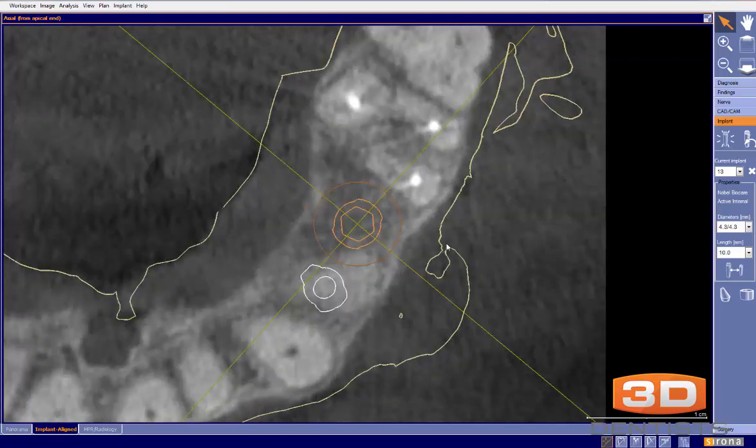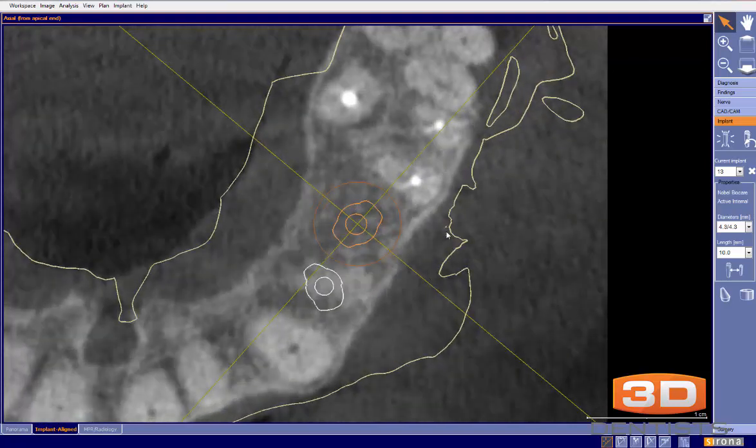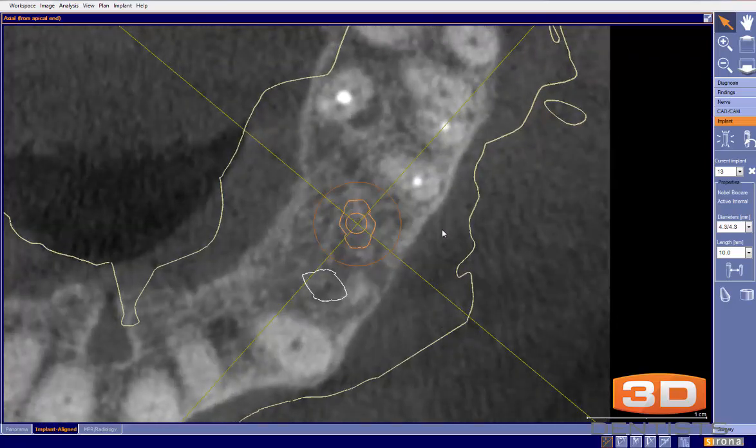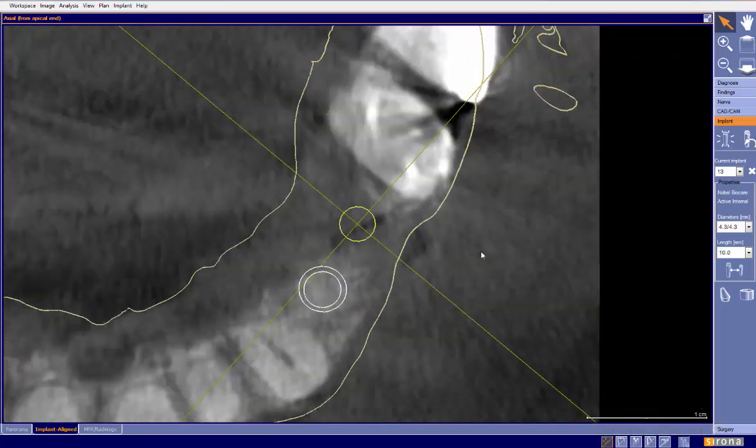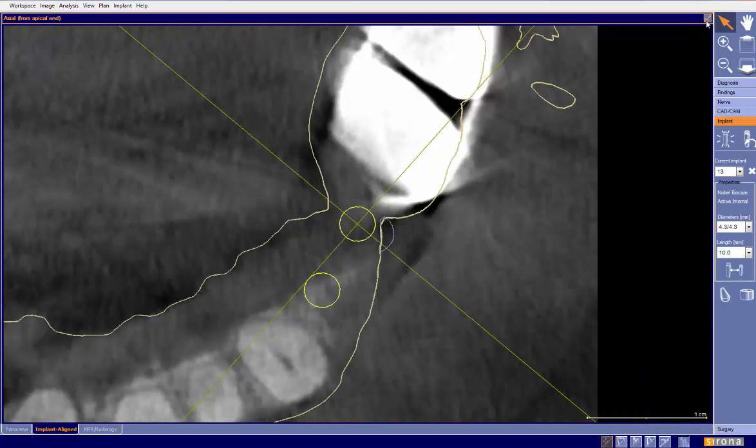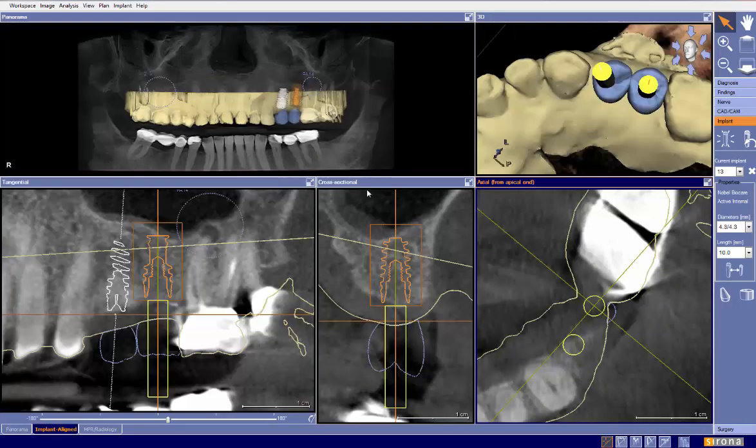So I would probably guess here that we have a missed MB2, which is a likely contributor to our radiolucency on this particular tooth. So thank you very much, and I look forward to a resubmission on this case.